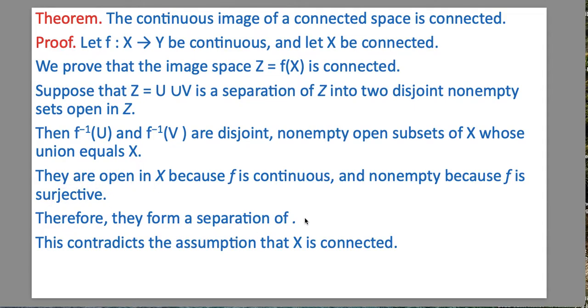Therefore, they form a separation of X. This contradicts the assumption that X is connected.